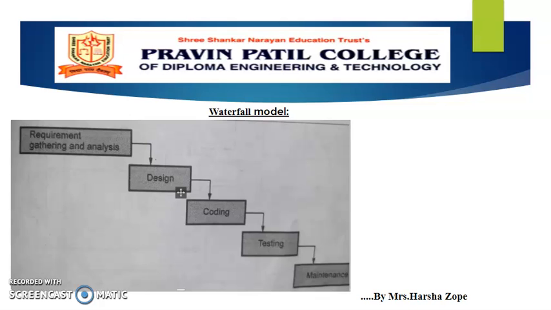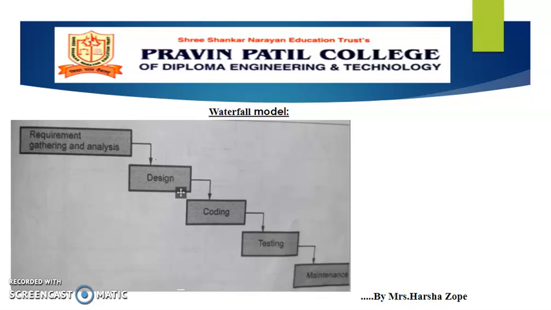The waterfall model is also called the linear sequential model or classic life cycle model. The software development starts with the requirements gathering phase, then progresses through analysis, design, coding, testing and maintenance. In the diagram you can see the illustration of the waterfall model.